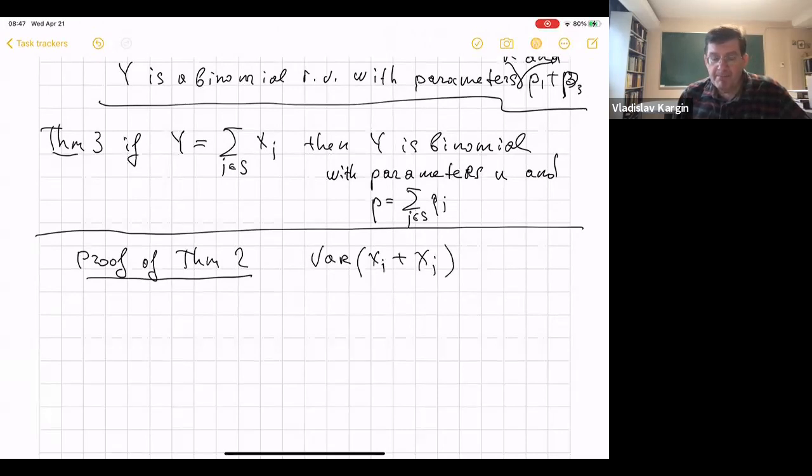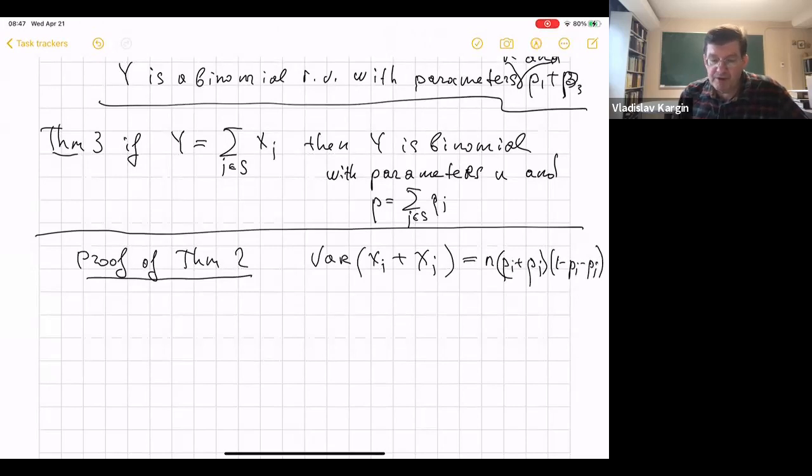We just said that by theorem 3, it's the variance of a binomial random variable with parameters n and p equal to pi plus pj. So the variance of this will be n times (pi plus pj) multiplied by (1 minus pi minus pj).